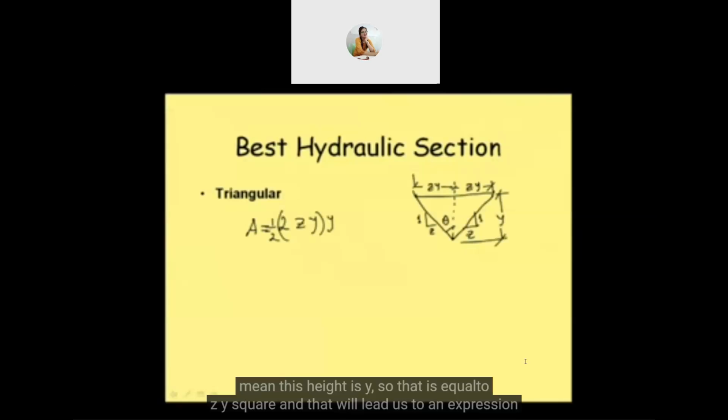So our expression for area is half of the base into altitude. The altitude is y, this height is y. So that is equal to z y square, and that will lead us to an expression for y equal to root over A by z.